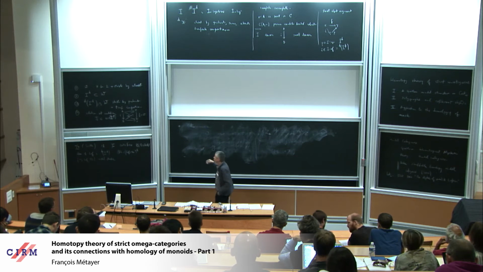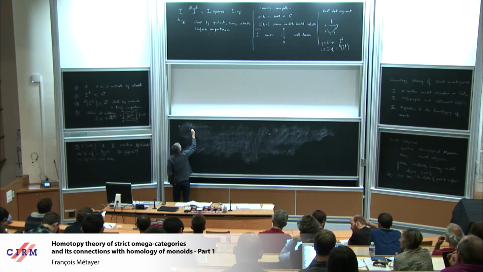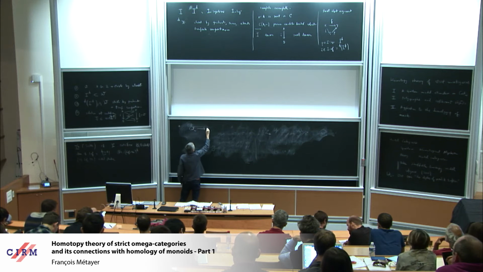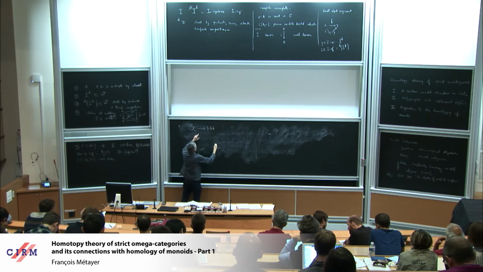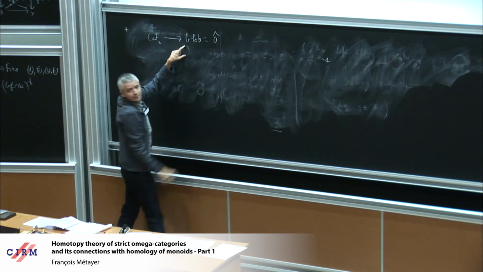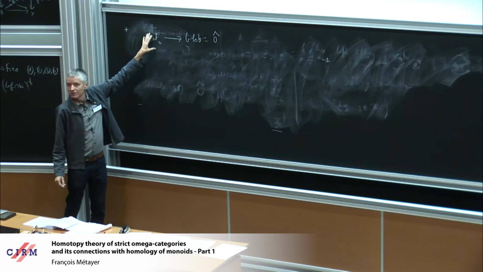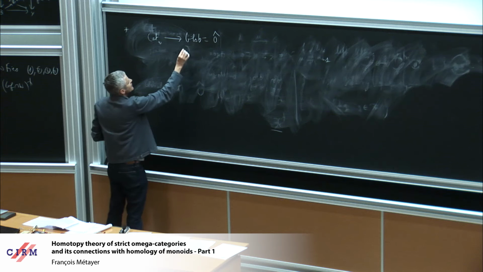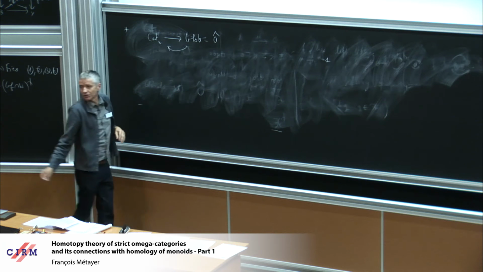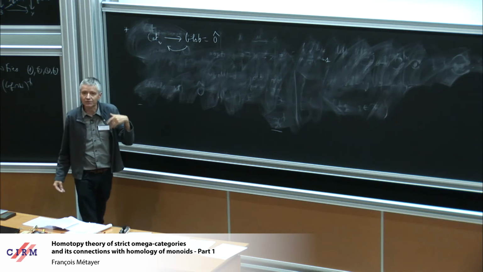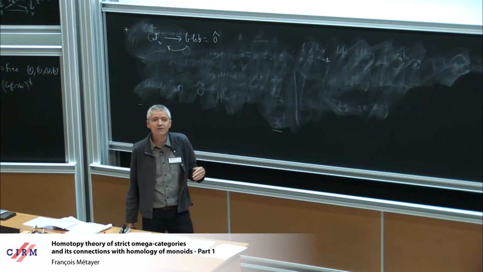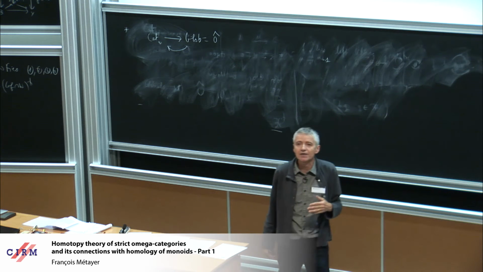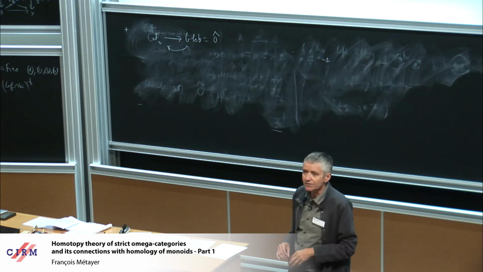Now, by its very construction, we have a forgetful functor from omega cat to globular sets. This one has a left adjoint, so to each globular set you can consider the free omega category generated on this set.